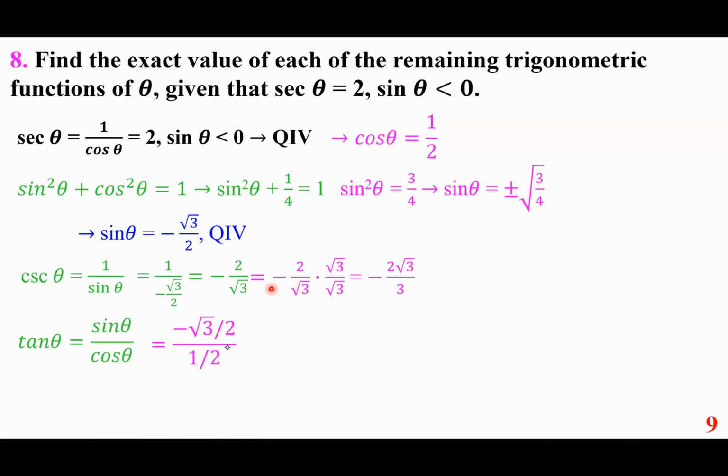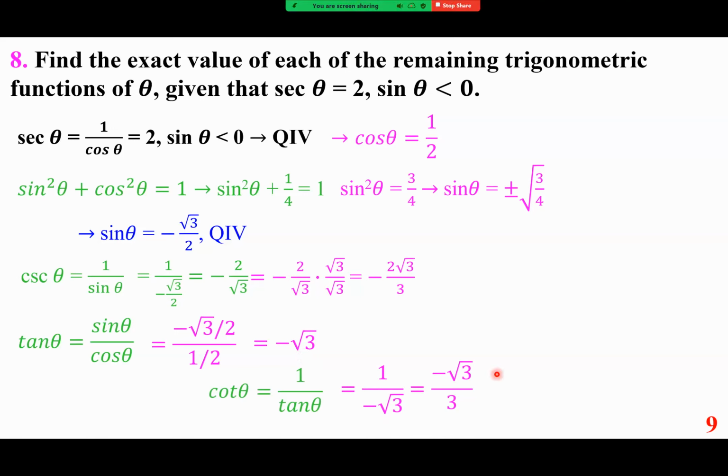The denominator is 2 drops, so minus square root of 3. Cotangent is the reciprocal of that, 1 over negative square root of 3. And I guess most everybody knows that is simply minus square root of 3 over 3.